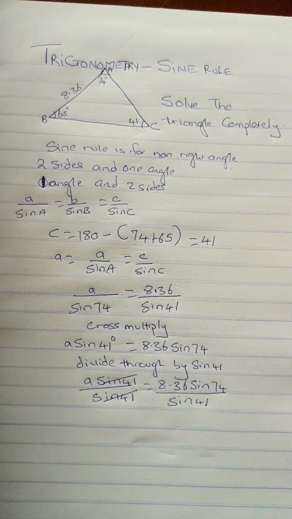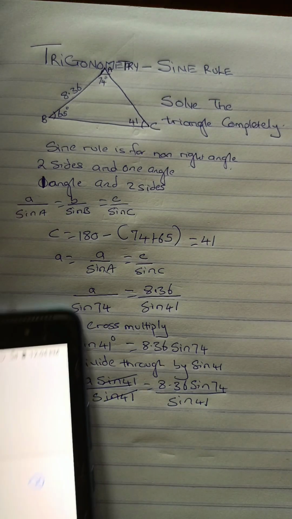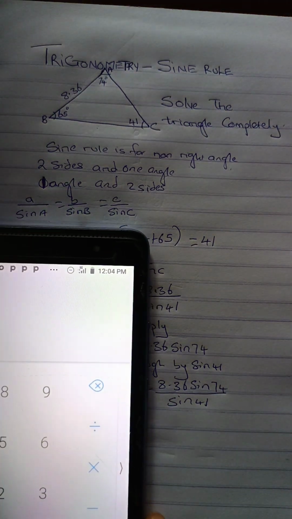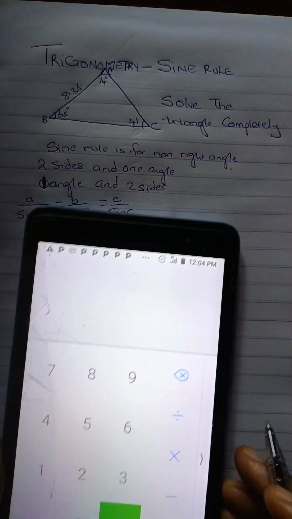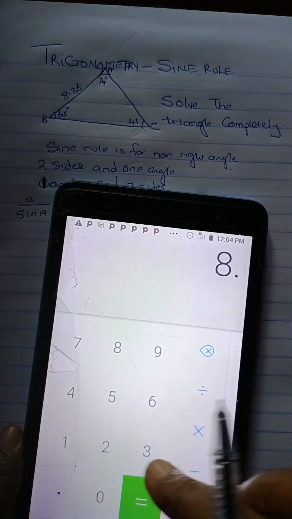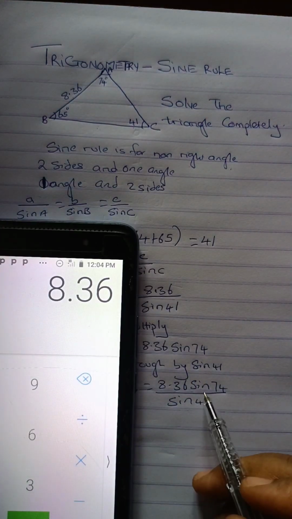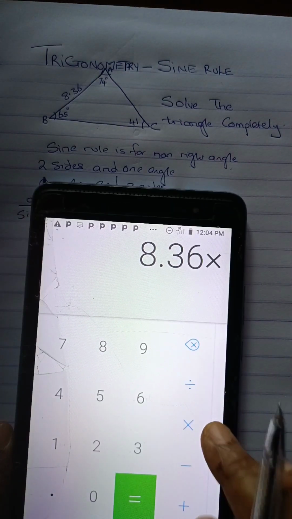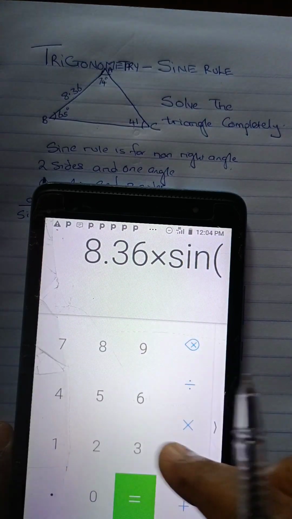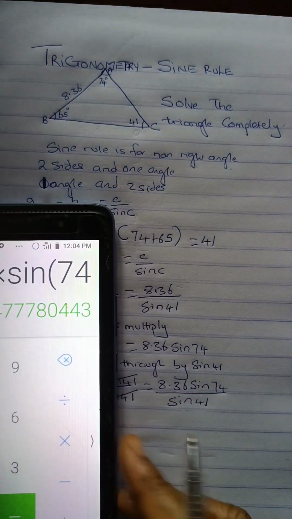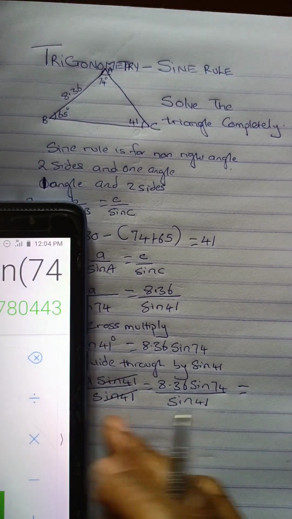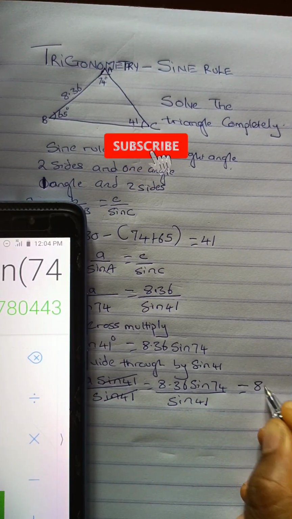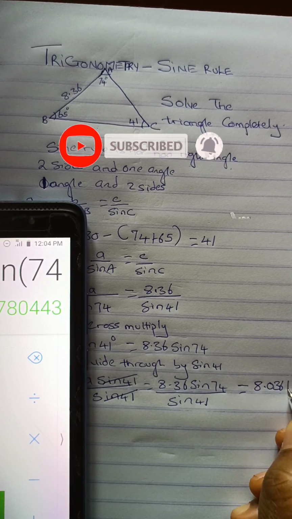With your calculator, you can easily do this. So what are we solving? 8.36 times sine 74. When we do that, we have 8.0361.